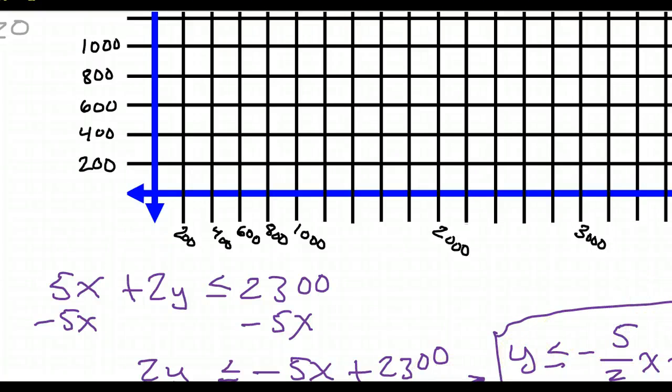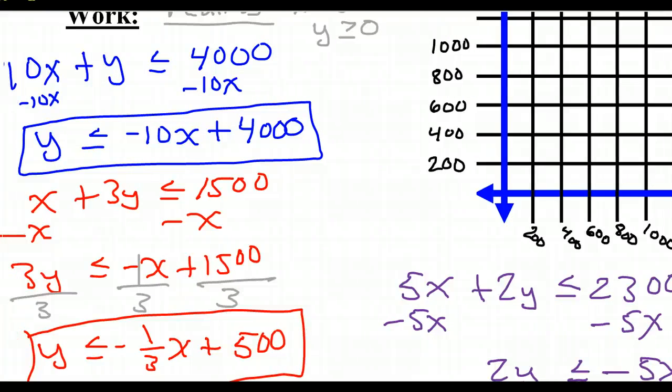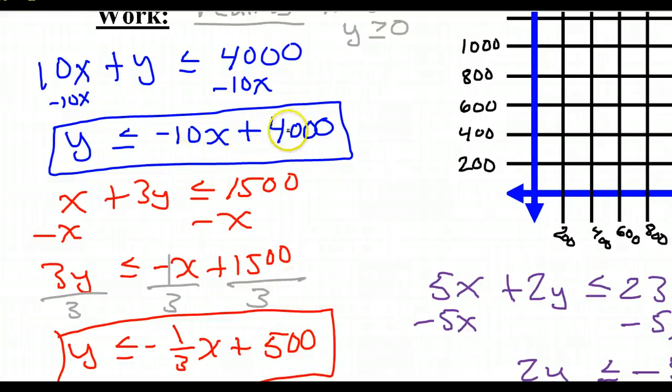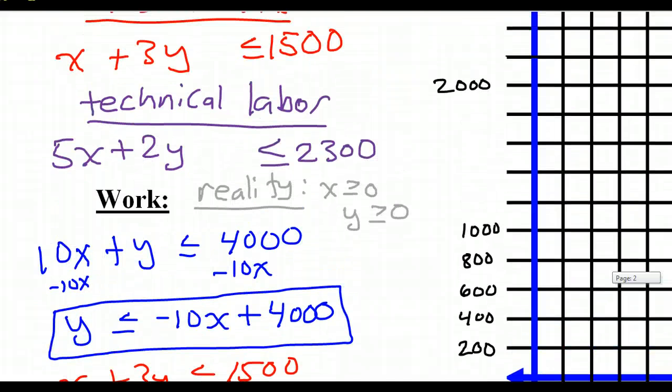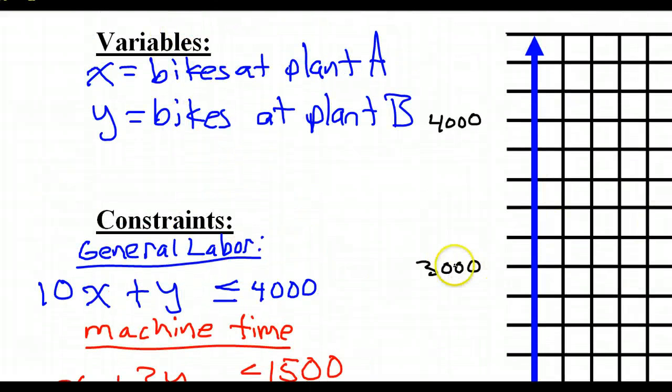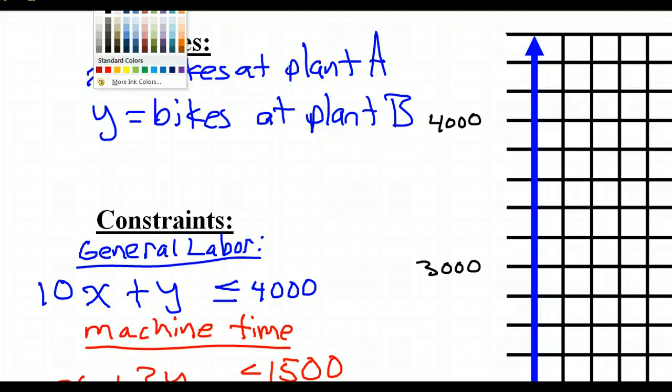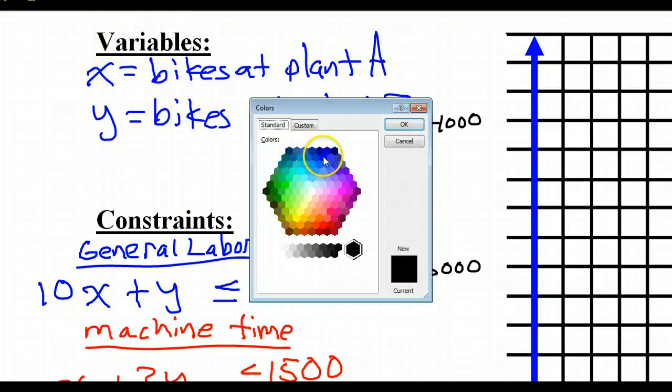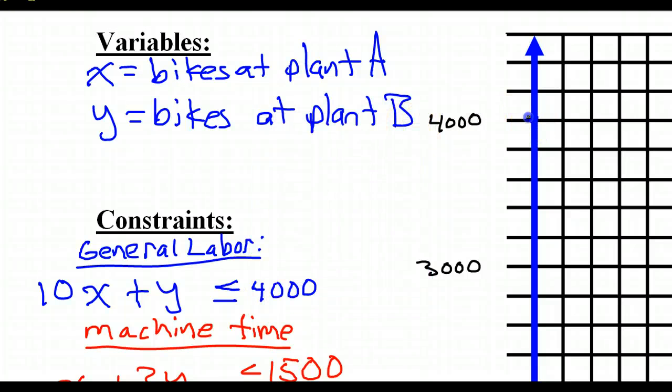So as I graph the first inequality, I start off at 4,000. Okay, so 4,000 is going to be way up here. So let me switch over to blue, because that's the color of that particular constraint. All right, so my first dot is going to be at 4,000.